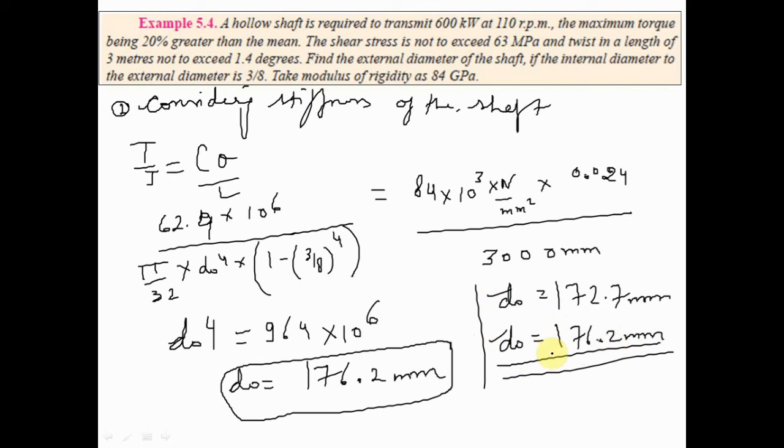So we'll be taking the maximum out of these two. So the answer will be 176.2, and you can write a statement that we have selected this diameter 176.2 in order to satisfy both the criterias based on strength of the shaft and stiffness of the shaft. So the answer will be 176.2 millimeters.